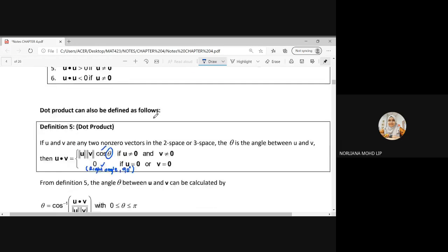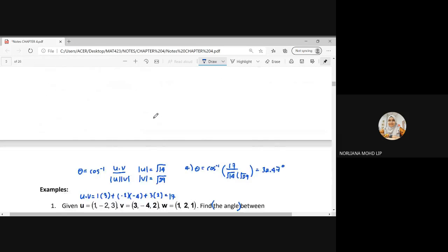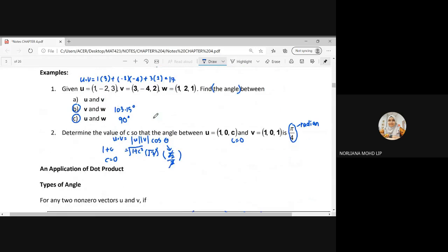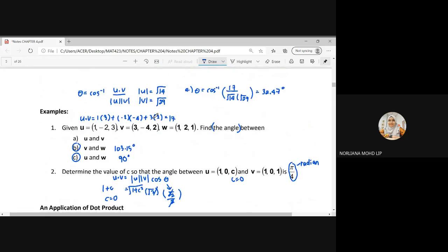Okay, contoh lagi tadi, kita dah cari angle tadi kan? Yang tadi ni. So tadi awak dah dapat U dot V, question A dapat U dot V equal to 17 kan? 17 is acute angle. So betul lah acute angle is less than 90 degree. Awak dapat 32.47.